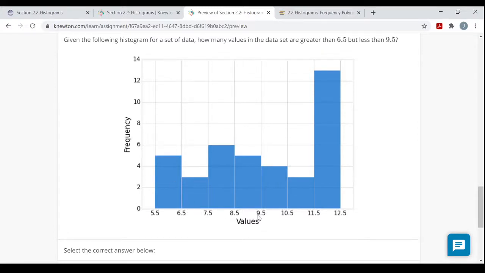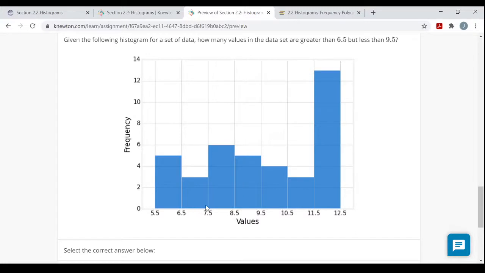So that means I'm looking from here to here, I'm looking at these 3 bars. Looks like there are 3 data values. The height of the bar is the frequency. There are 3 data values from 6.5 to 7.5. There are 6 data values from 7.5 to 8.5, and 5 data values from 8.5 to 9.5.